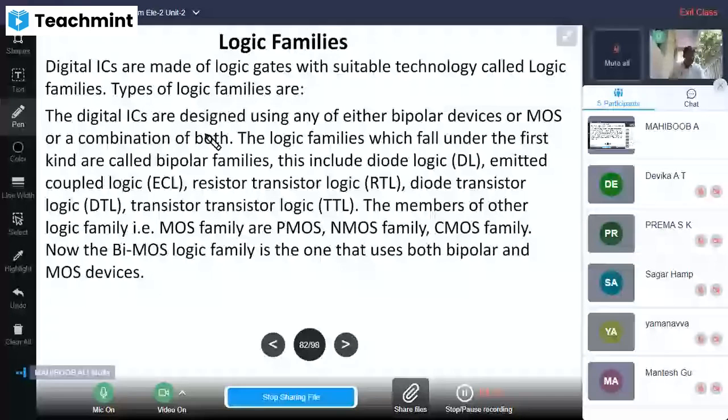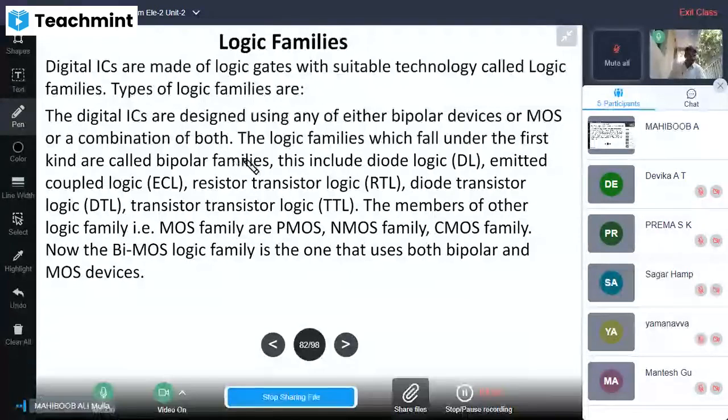If they use MOS technology, metal oxide semiconductor devices technology, then it is called MOS logic families. Sometimes few ICs are hybrid families, that is both bipolar as well as MOS technology for few of the devices internally, then it is called BiMOS family.